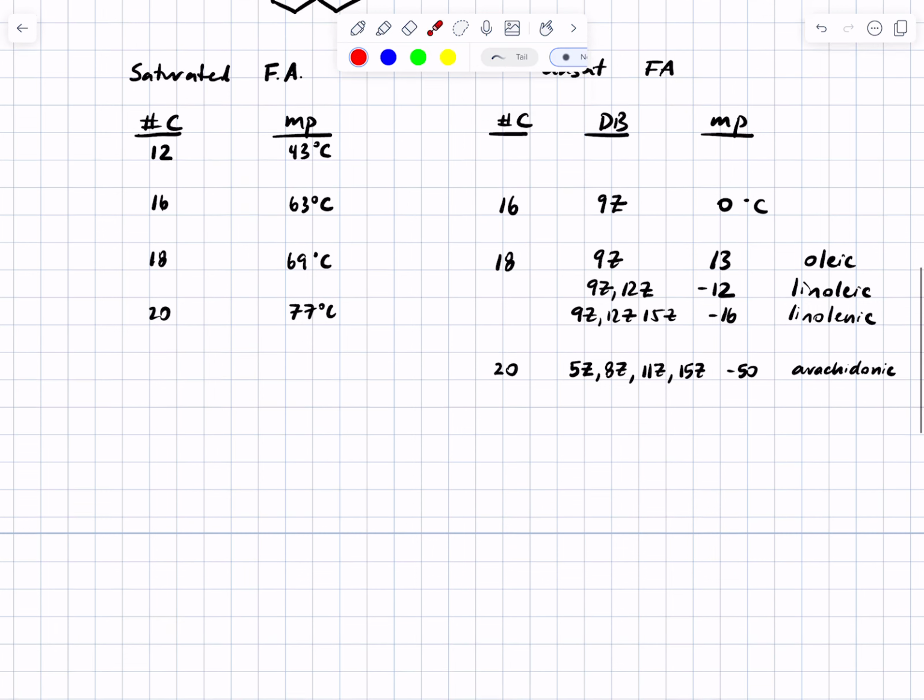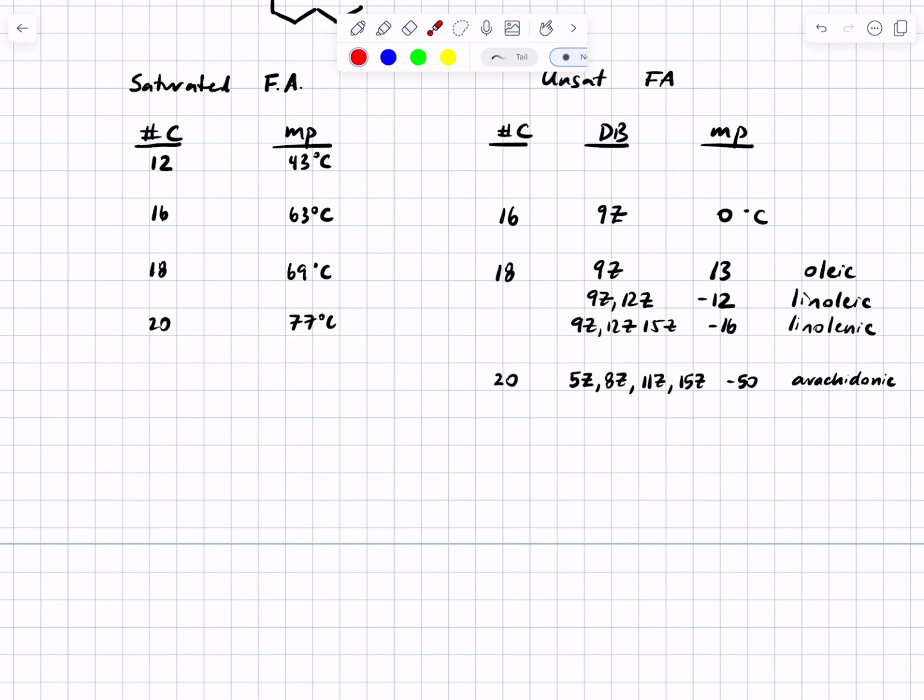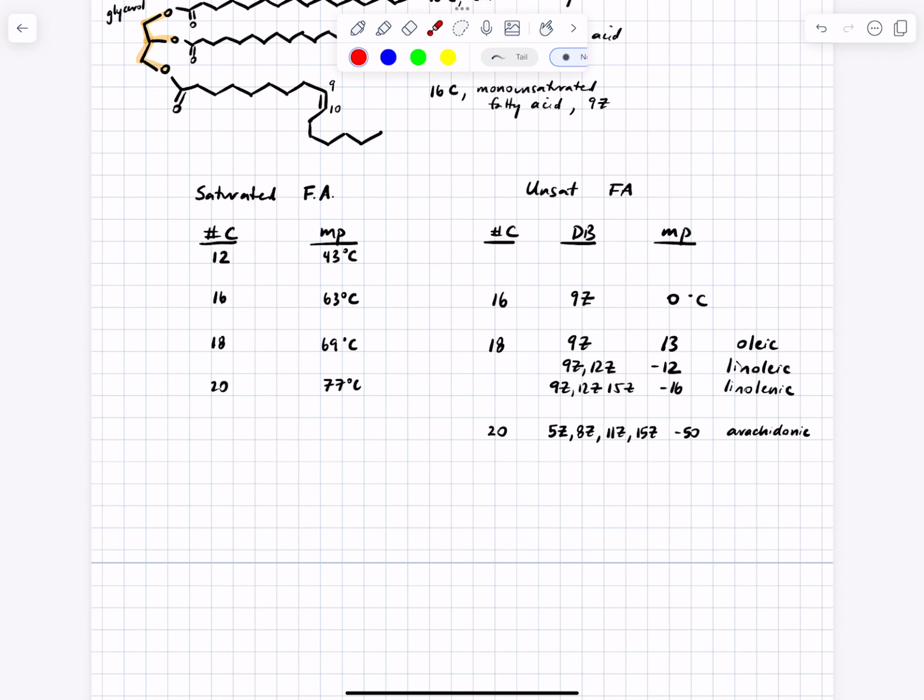So what's to notice here? The more double bonds we have, the lower the melting point is. Again, the presence of the double bonds limits the contact surface area between individual hydrocarbon chains and makes it so that you don't have to overcome as many van der Waals interactions to go from solid to liquid, and therefore the melting point is lower.